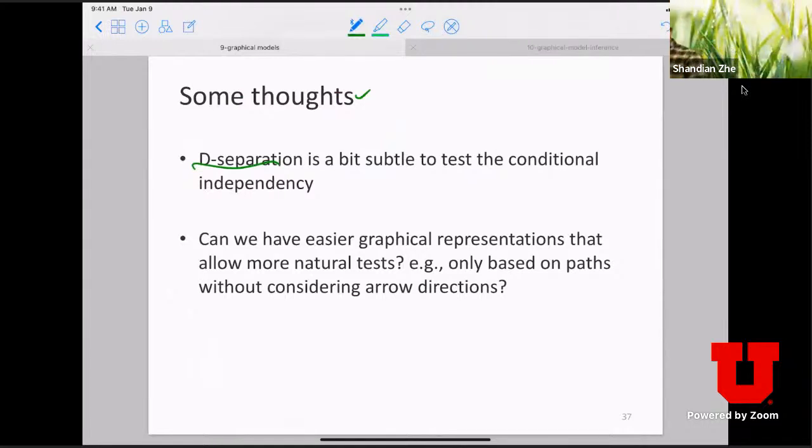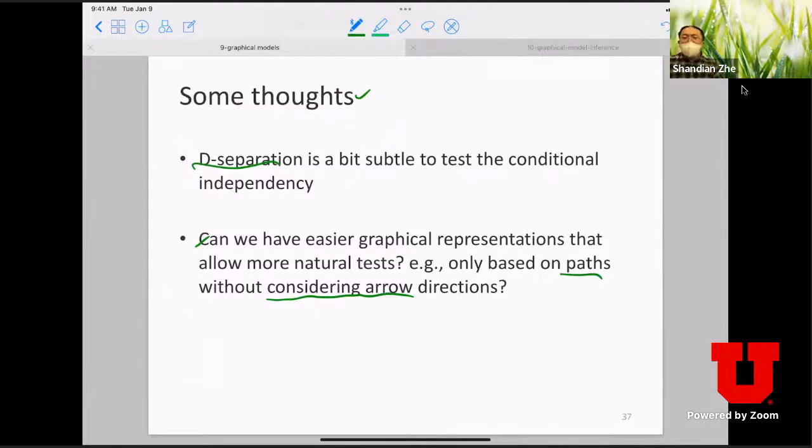So a natural question would be, can we have an easier graphical representation that allows more natural tests? Can we just get rid of the influence of the directionality of the path, and base it on paths without considering arrow directions?